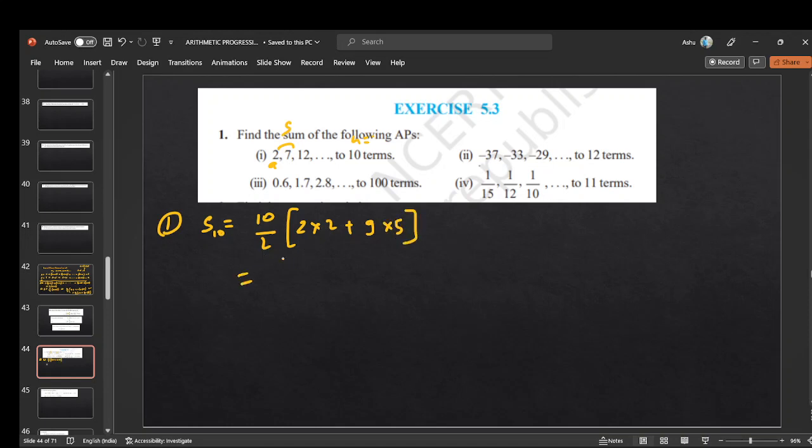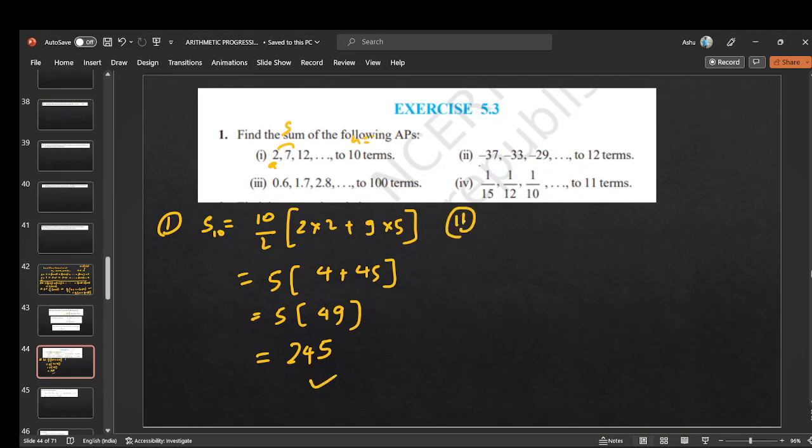Then 4 plus 45, then we get 5 into 49, and then 5 times 49 is 245. Clear? This is the result for the first part.